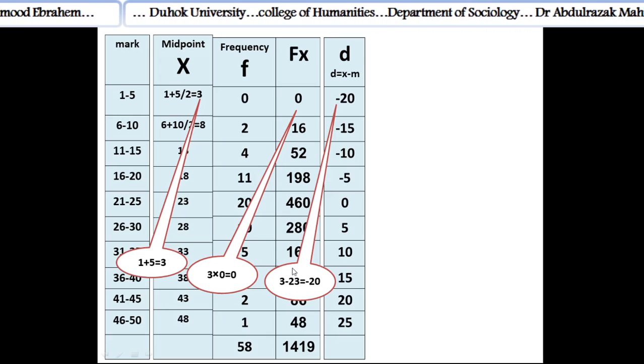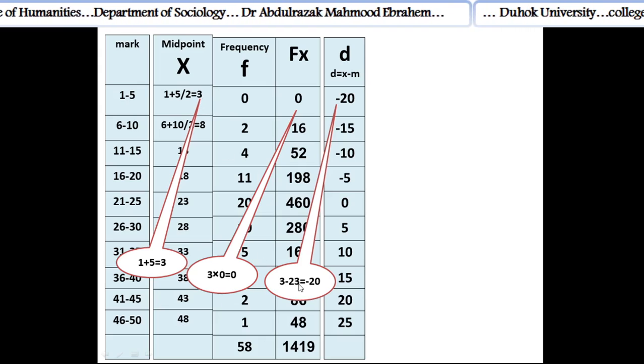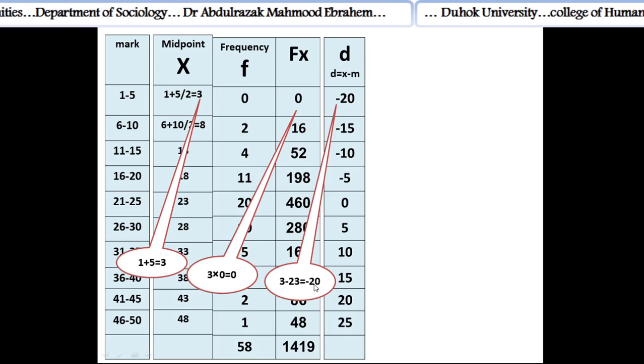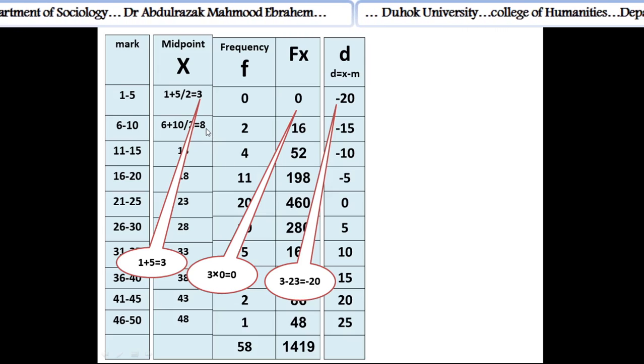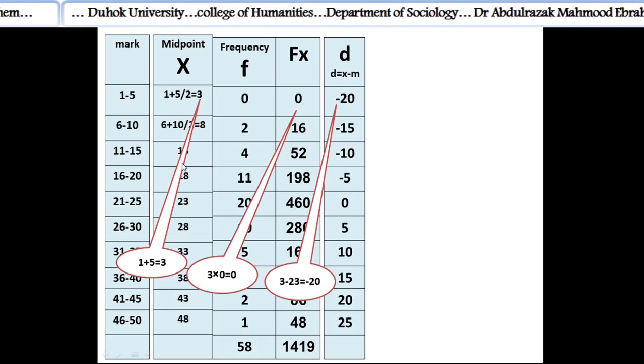Okay, we have an assumed mean of 23. 3 minus 23 equals minus 20. 8 minus 23 equals minus 15, and other steps to make the whole table.